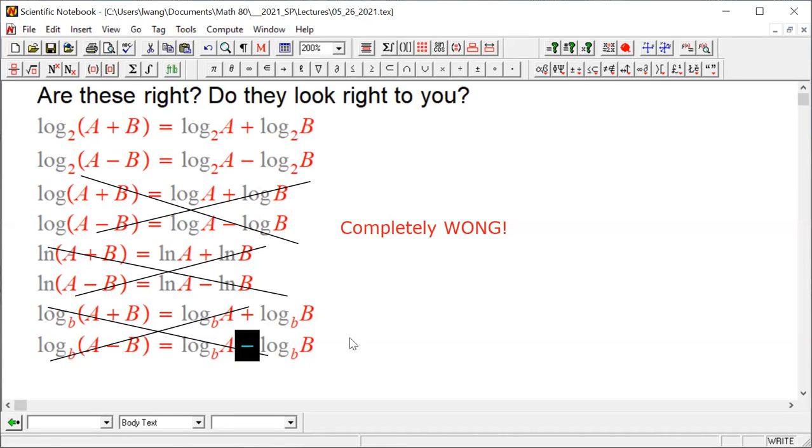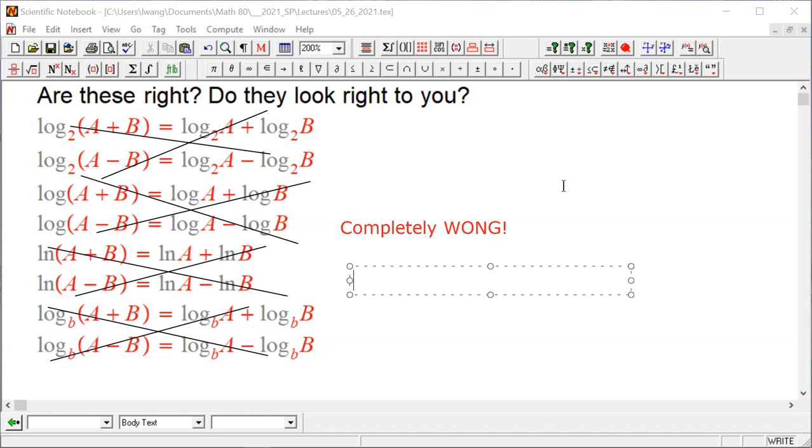You can see they're all the same category of mistake. We see them in different shapes and sizes, and in order to emphasize, they are terribly wrong.